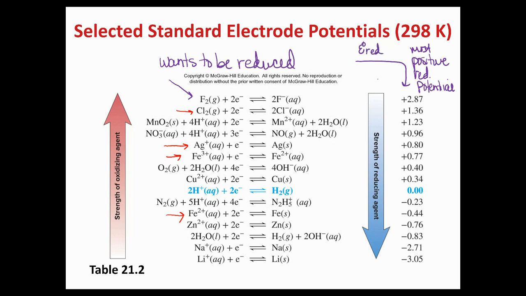Okay, that's the most positive reduction potential. Down here at the bottom, lithium. Lithium wants to be oxidized. It has the most negative reduction potential.